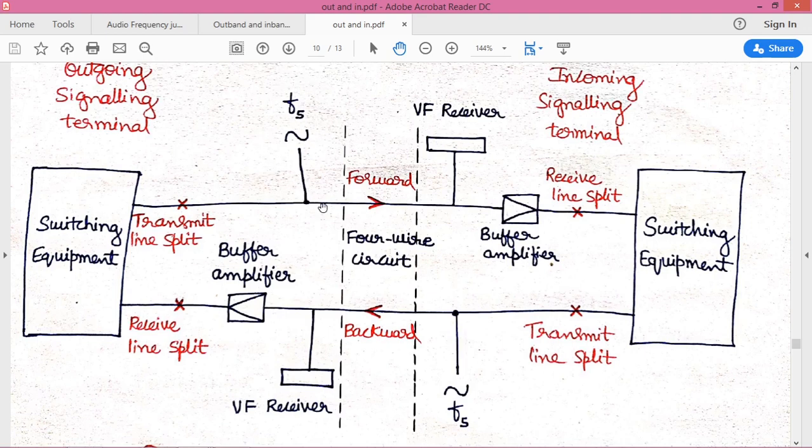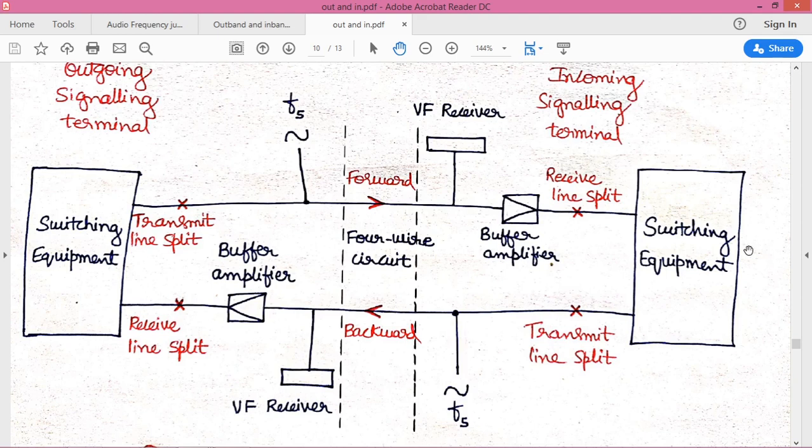Previously the tone signal used to go in this direction; this control signal will be removed, and we will allow only the speech signal to go in the forward direction.